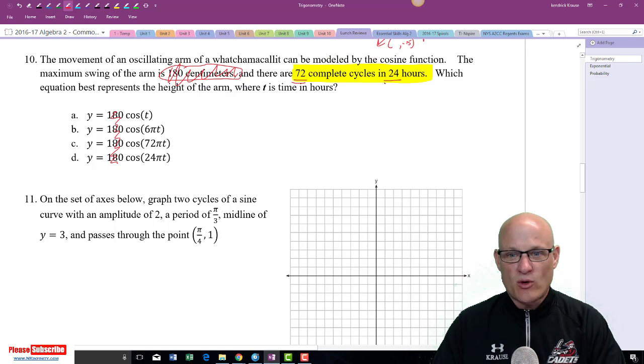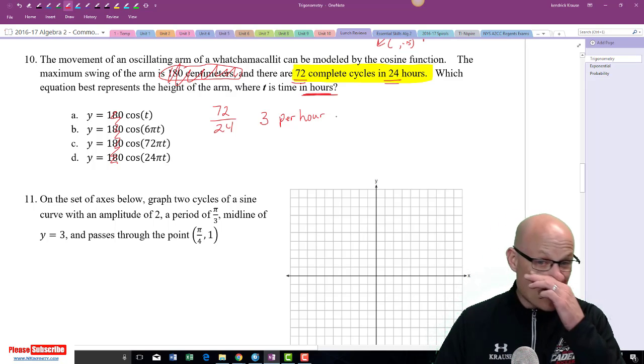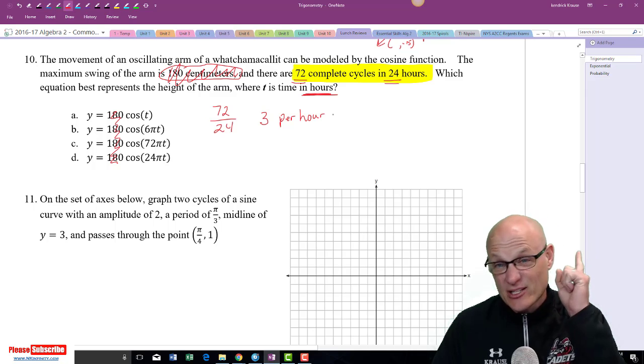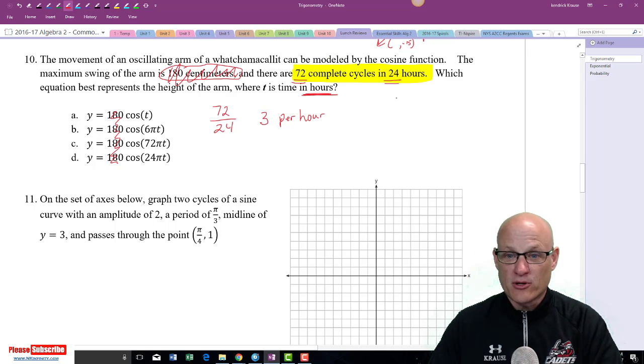72 cycles in 24 hours. And I want to know about time in hours, just 1 hour. So if I got 72 in 24 hours, if I divide by 24, that means it's 3 per hour. But I don't want 3 per hour. I want to know how long it takes for 1 period. Because remember, period is equal to 1 cycle.